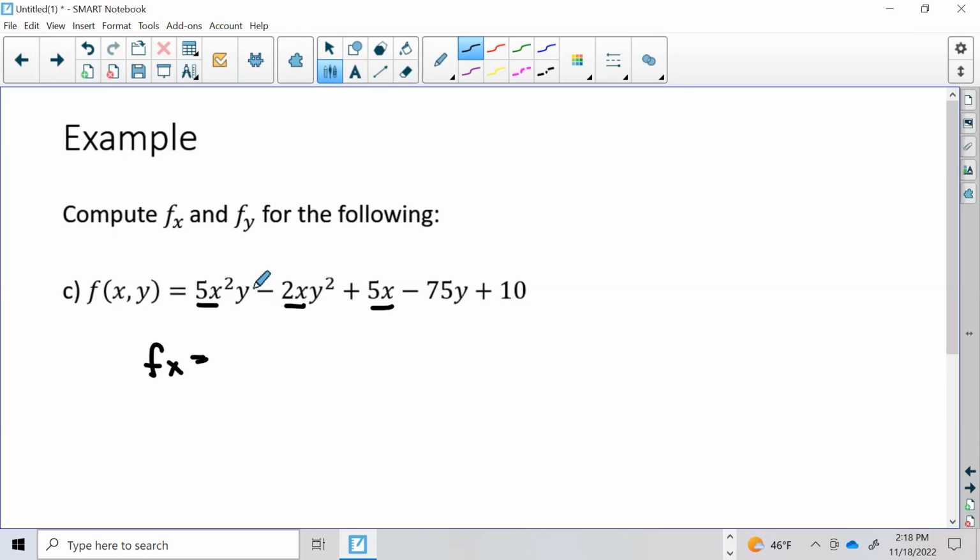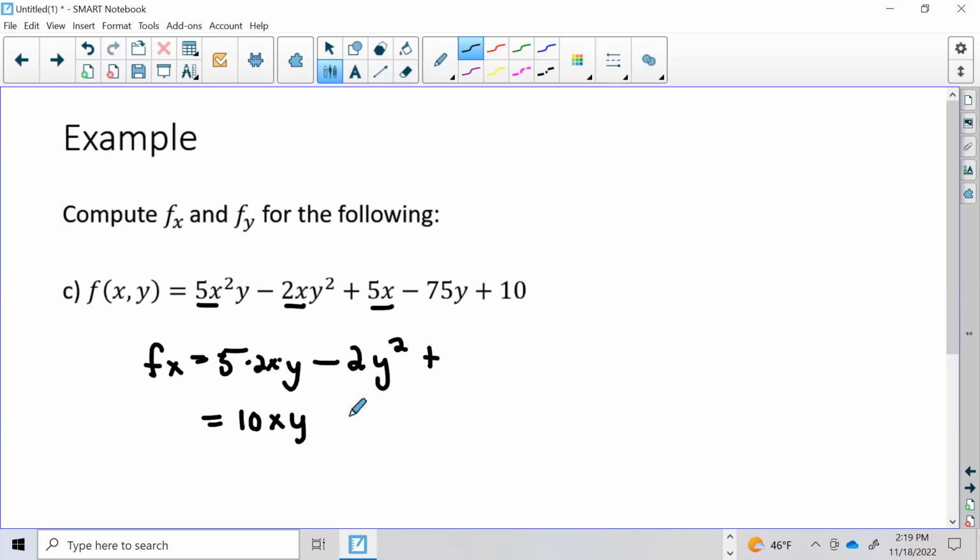So when I have the constant times the variable x squared, we're really just leaving it there and multiplying this by the derivative of x squared, which is 2x. You can put the y in front if you're more comfortable with that. It doesn't really matter. So same thing here. I'm taking the derivative of minus 2x, which is minus 2, and then I'm leaving that constant y squared here.